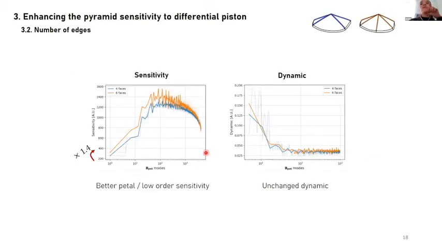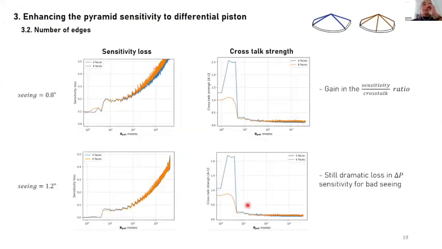Second, I looked at varying the number of edges of the pyramid. In blue, we have the 4 faces pyramid, and in orange, a 6 faces pyramid. As Olivier Fauvarque already predicted, the number of faces doesn't really matter in terms of sensitivity and dynamic. However, as we increase the number of diffractive regions, we have an increase in the sensitivity to the petal modes, which are here.